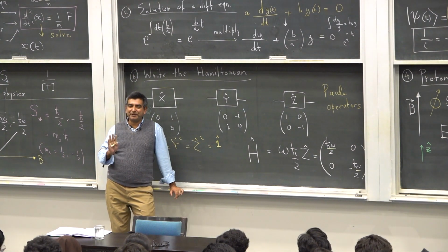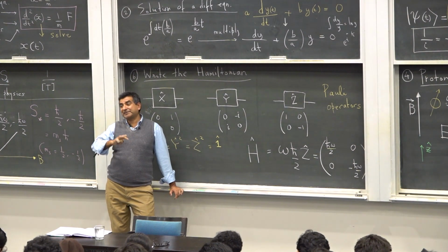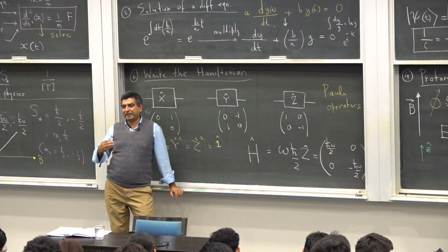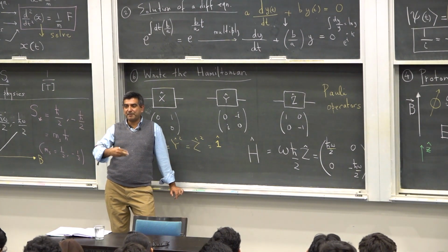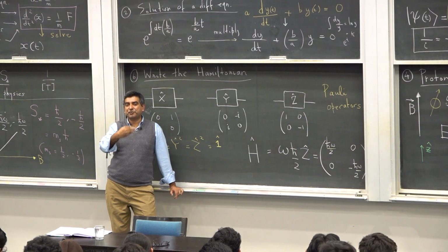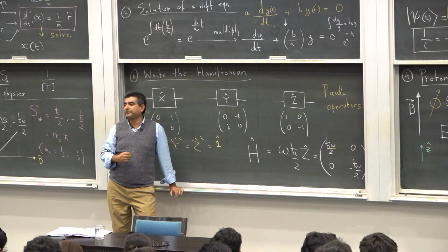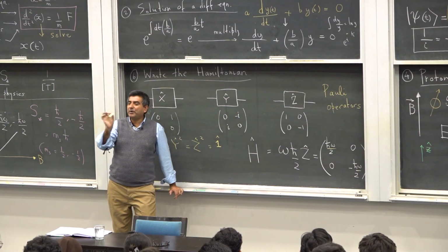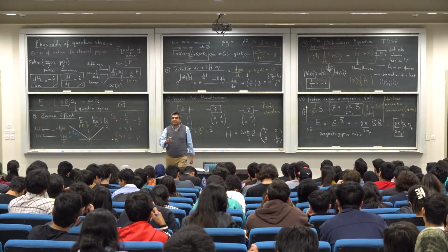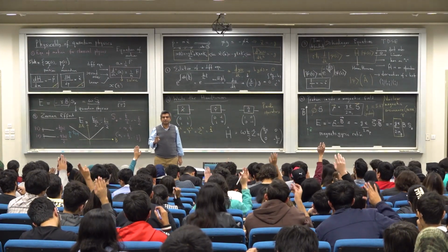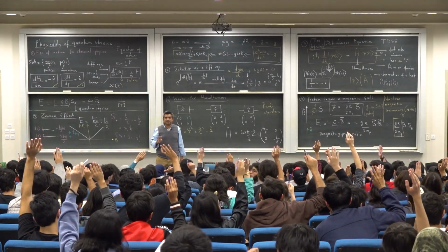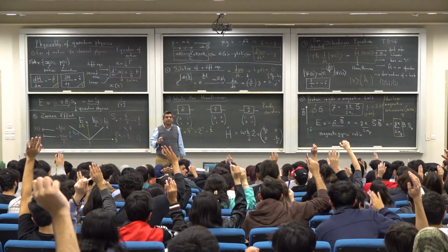So now we have the Hamiltonian for this problem. We can see how the state evolves with time because we already know what the time dependent Schrodinger equation solution looks like. One aside, one digression. How many of you are taking the linear algebra course? A vast majority.